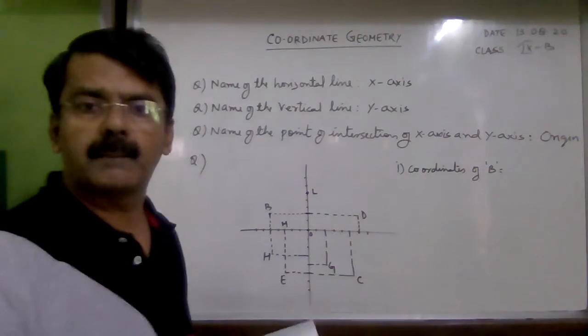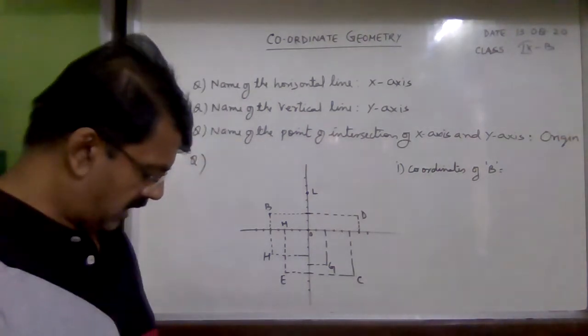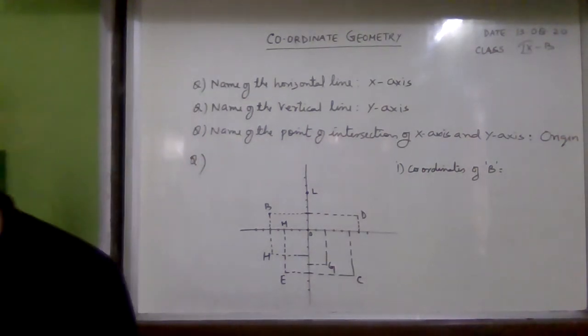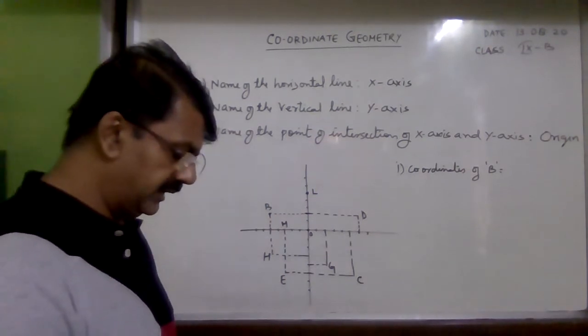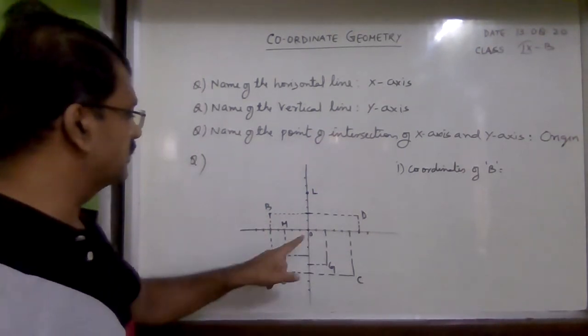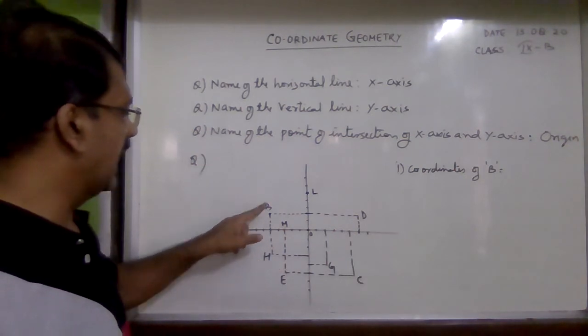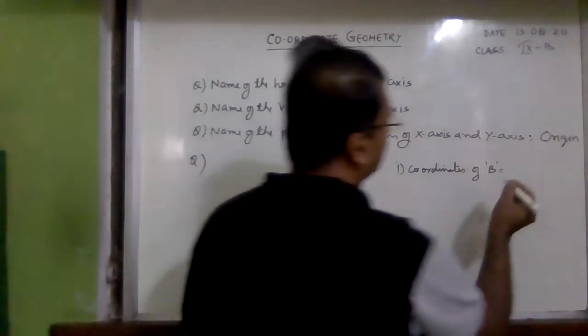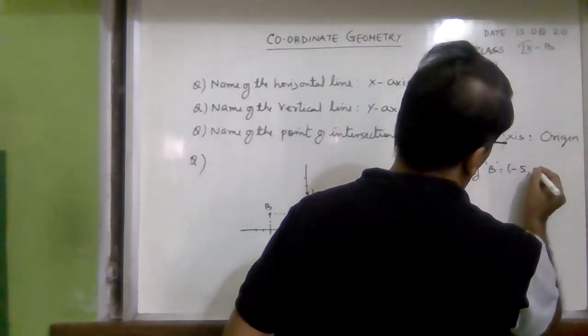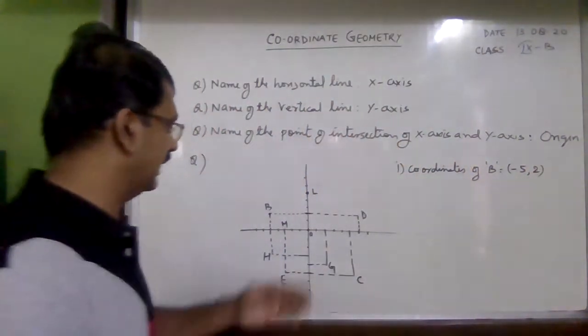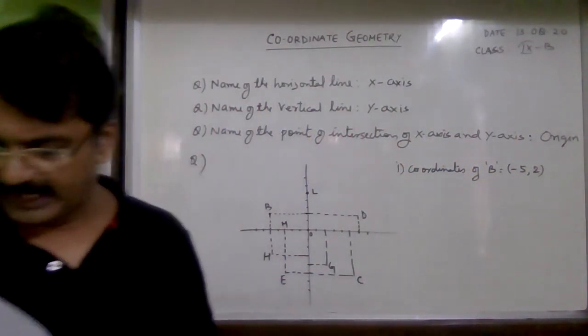Now you have to find the coordinates of point B. Now you see it is -1, -2, -3, -4, -5 and 2. So the coordinates of B will be -5, 2 because it is on the negative side and then positive side for y-axis.